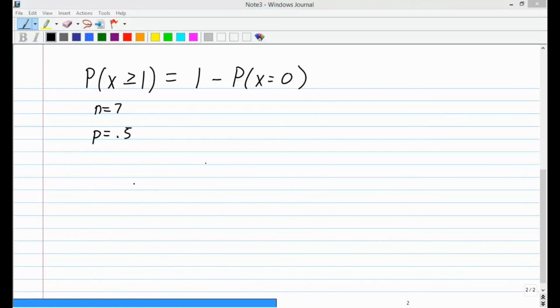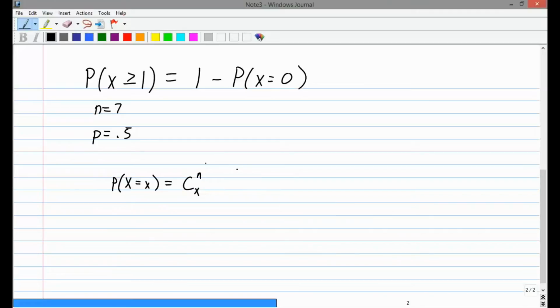All right, so our formula is, there's a combination, straight off the formula sheet, probability that capital X equals little x, so we have x equals 0. So it's equal to the combination times success to the x times 1 minus success to the n minus x. Okay?